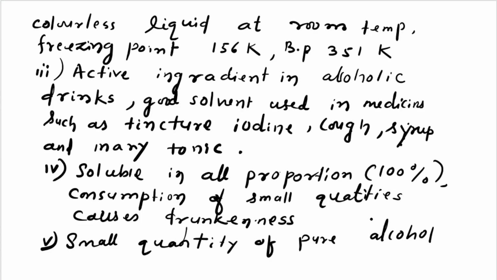It is an active ingredient in alcoholic drinks. Ethyl alcohol is the most important one, and it is a good solvent used in medicine such as tincture of iodine and cough syrup.